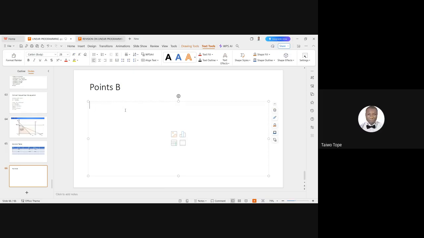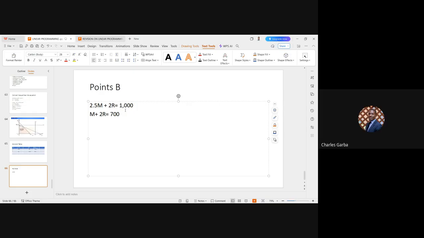Equation 1: 2.5M plus 2R equals 1000. And M plus 2R equals 700.